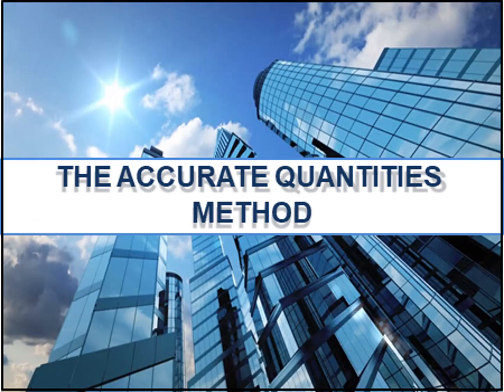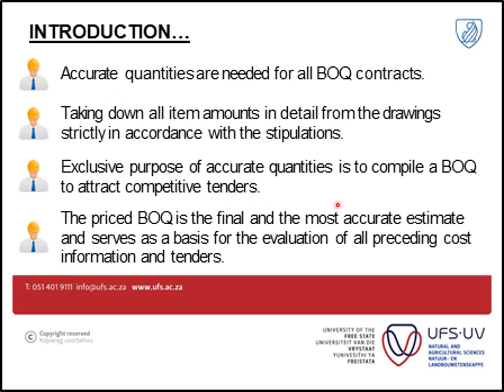Then we get to our accurate quantities, and you will see the theory on this is also not too much because it's covered in other modules. Accurate quantities are needed for all BOQ contracts, taking down all item amounts in detail from the drawings, strictly in accordance with the stipulations of guidelines like your standard system or your SANS measurement system or your British system.